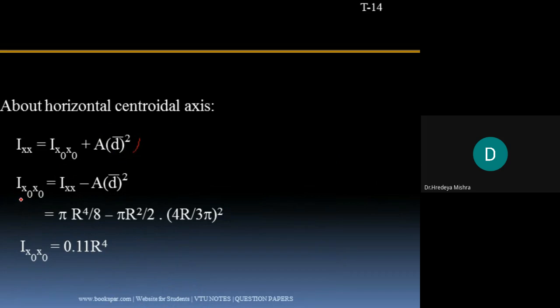Now this is pi r to power 4 divided by 8 minus pi r square divided by 2 times 4r divided by 3 pi, whole square. This is the distance. So here we get a calculated value. We just put the value of r and we get the moment of inertia about the horizontal centroid axis.